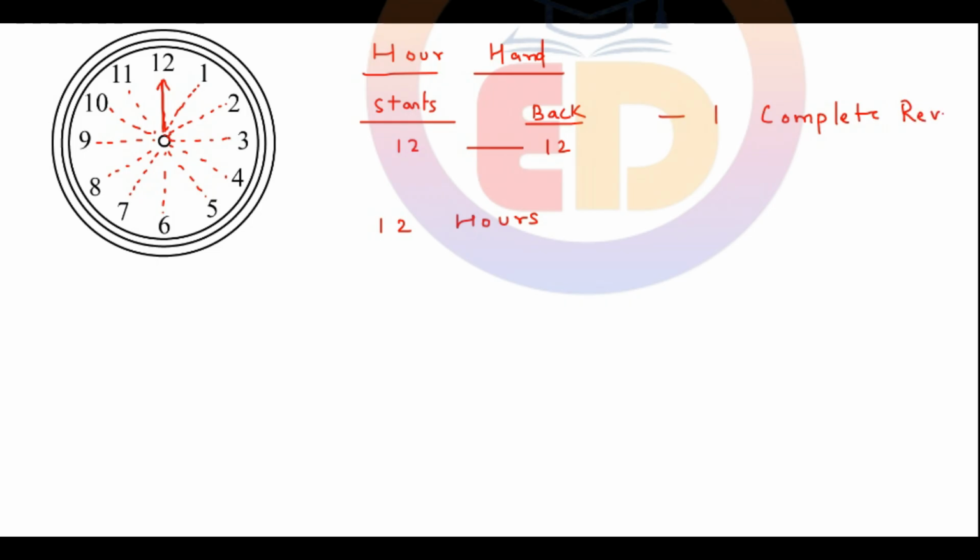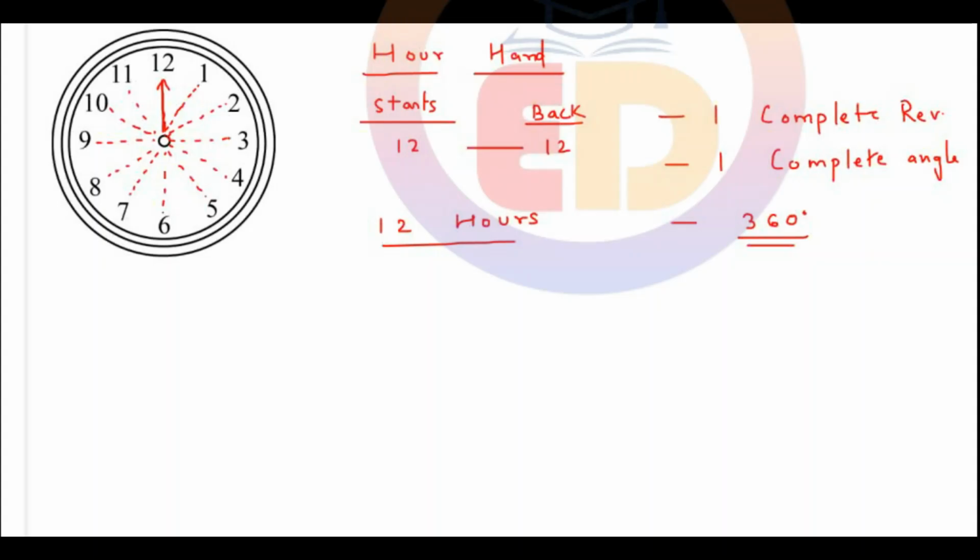Revolution, I'm writing REV, and you know that one complete revolution is one complete angle. And the value of one complete angle is 360 degree. So we understand that the hour hand in 12 hours will complete 360 degree.